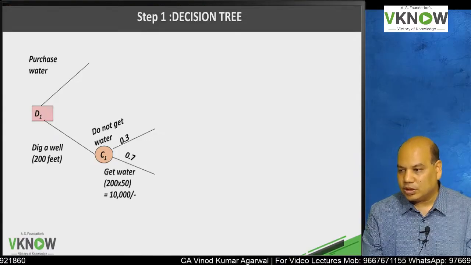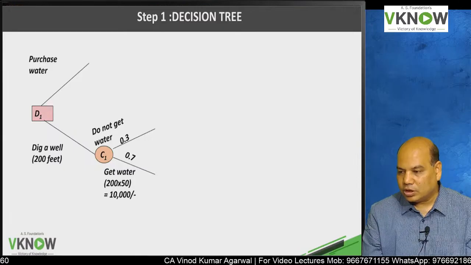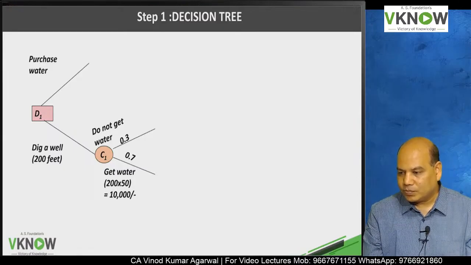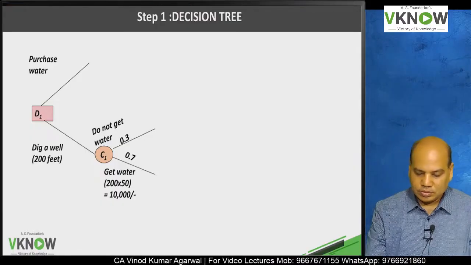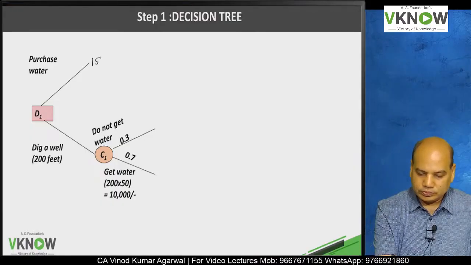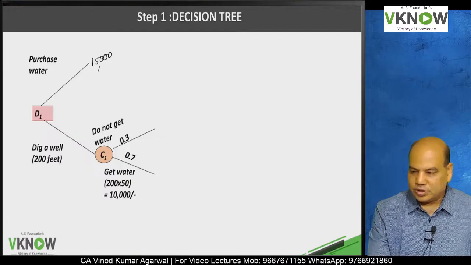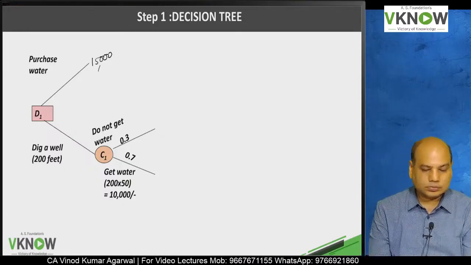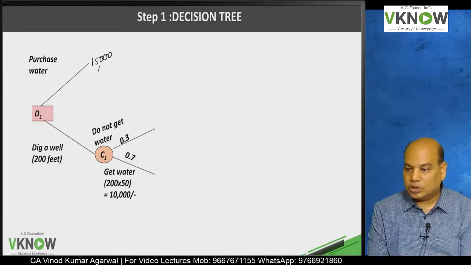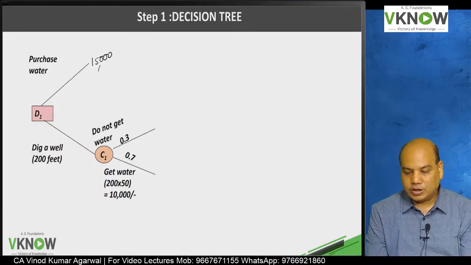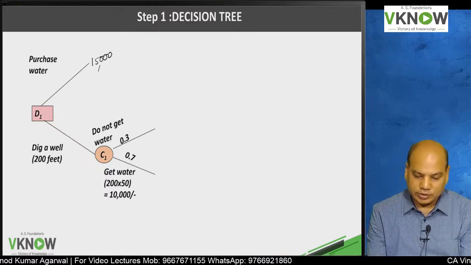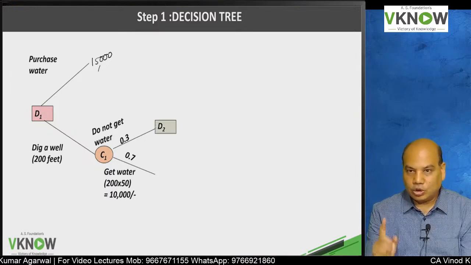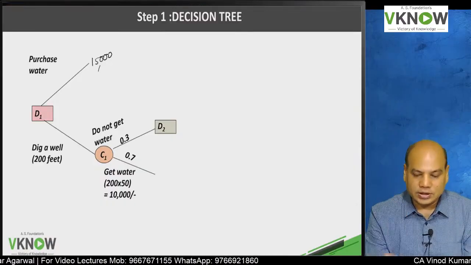There are two possibilities. I will not get water, 0.3 probability. I will get water, 0.7 probability. If I get water, my cost will be 200 into 50, 10,000. If I do not get water, I have to take a decision.